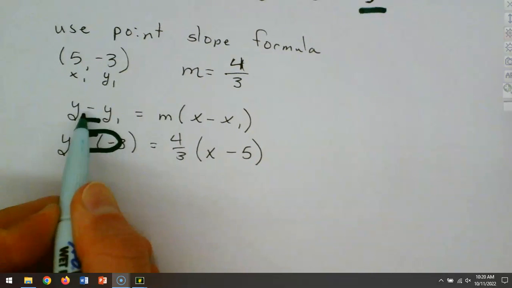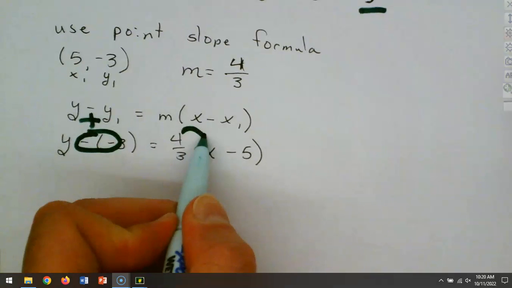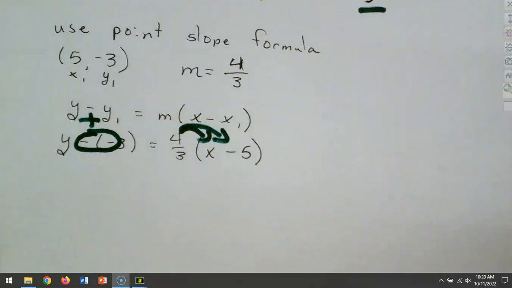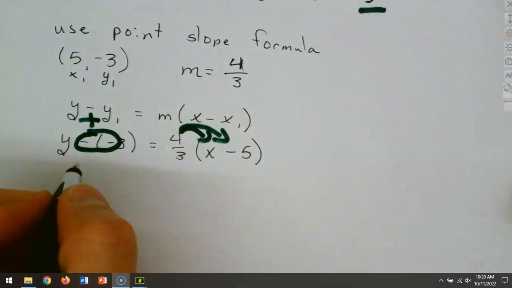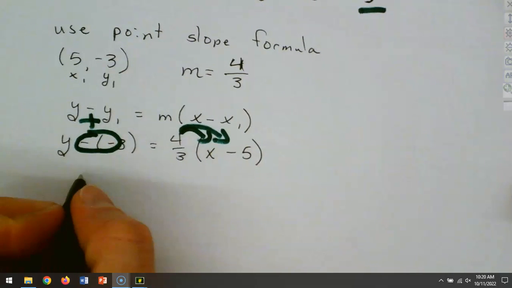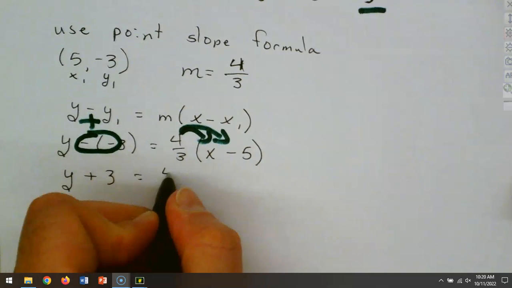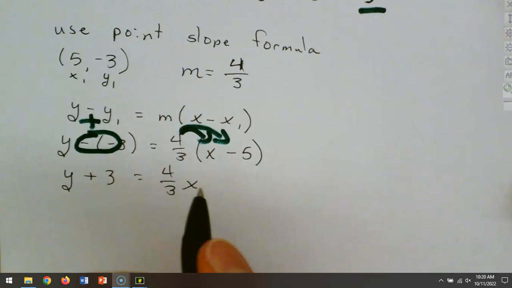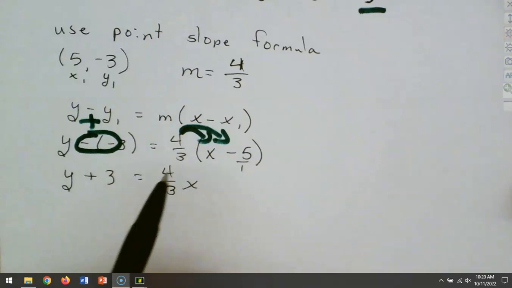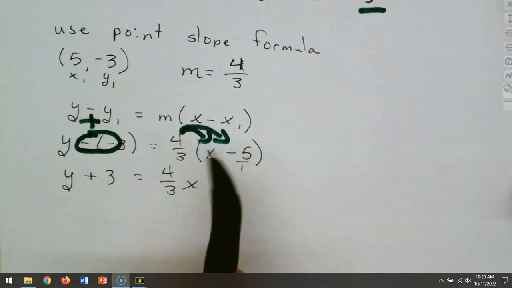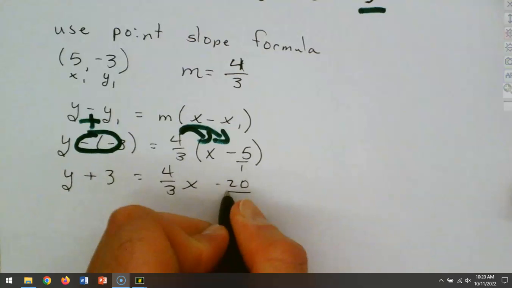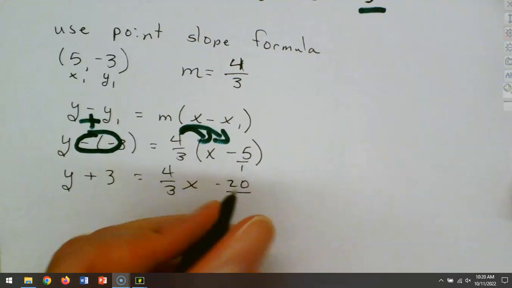Well, that's going to make that positive, and we're going to distribute the fraction through. So now we've got y plus 3 equals 4/3 x, and make that over 1 if you need to here. 4 times a -5, that's a -20. 3 times 1, that's a 3.